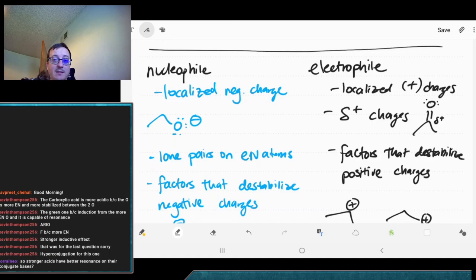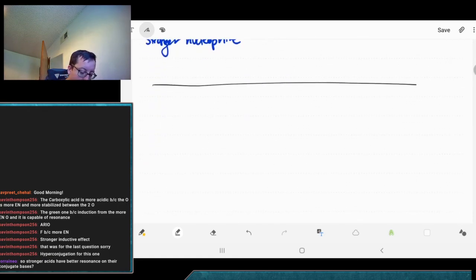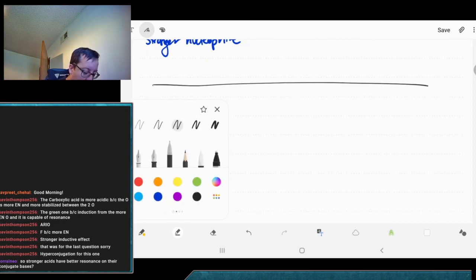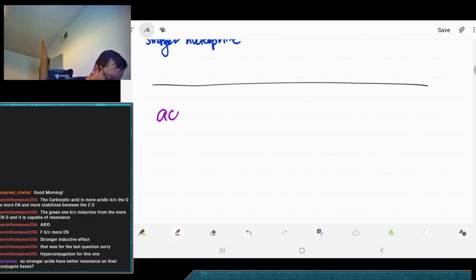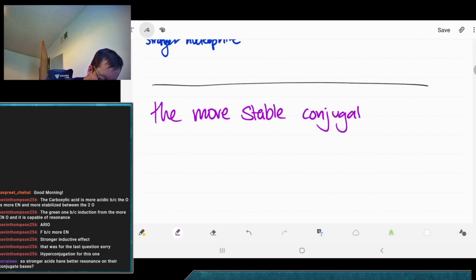The conjugate base determines everything. The more stable conjugate base arises from the stronger acid.